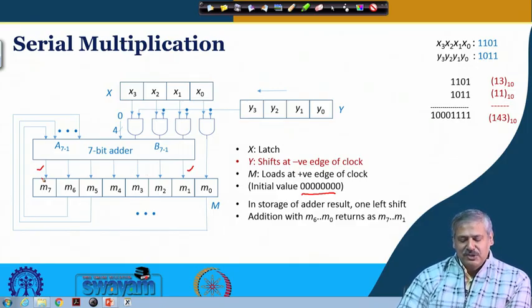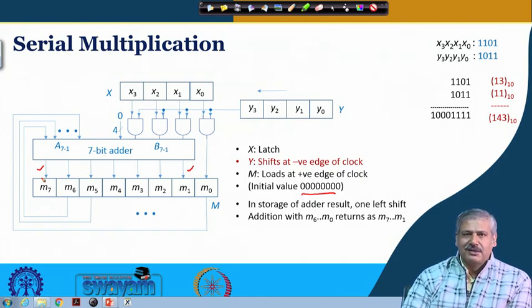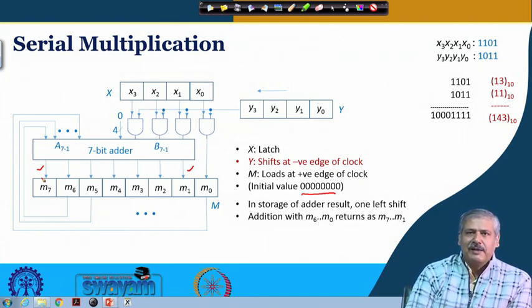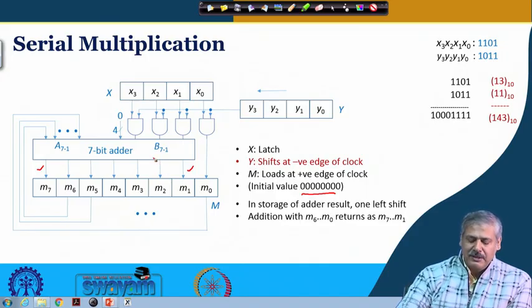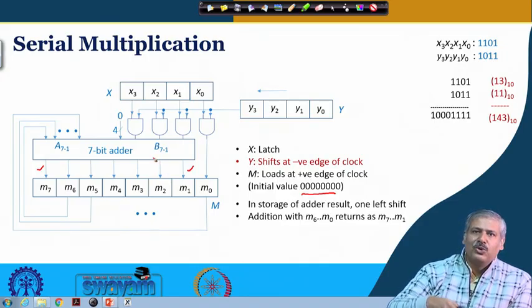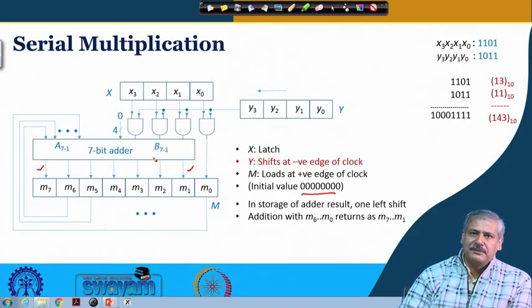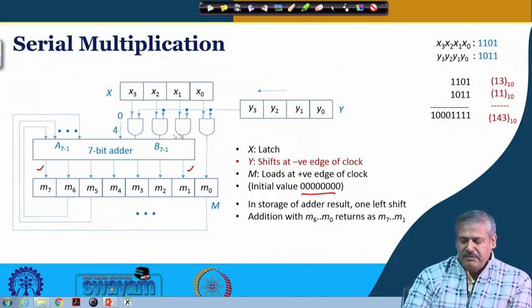So, inherently in the structure, we are having a one left shift occurring. The wiring is such that a left shift is occurring when we are loading the addition result.